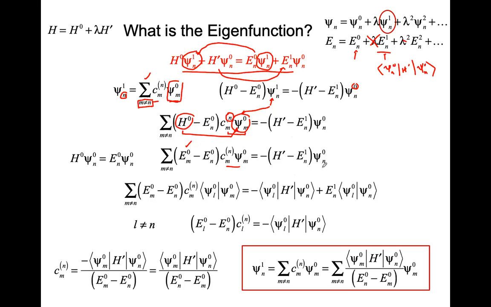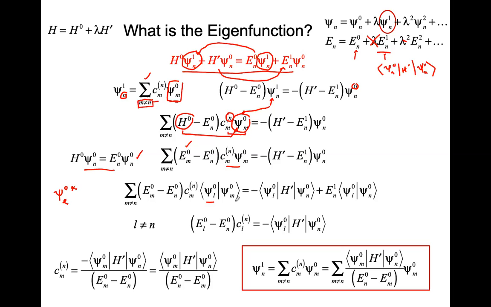If you're not following what I just did right there, I just made use of the 0th order guy. And then, like we often do because that's what we did before, I pre-multiply by, in this case, psi, I'm up to a new index here, L0 complex conjugate, and then I integrate.